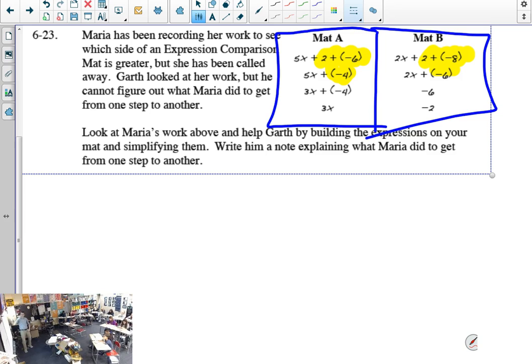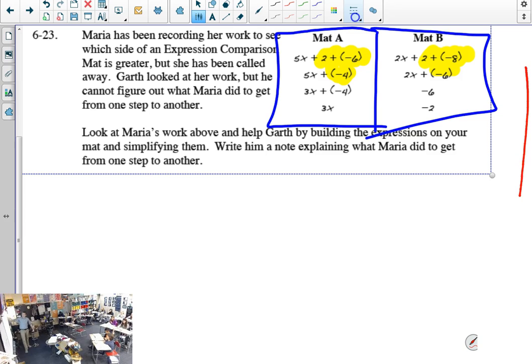The negative 6 stays negative 6. Ooh. The 5x turns into a 3x, the 2x. So both sides are changing, right? We're doing stuff on both sides. What did she do? Penelope? You know what she did on both sides? The negative 6 stays between step 2 and step 3.